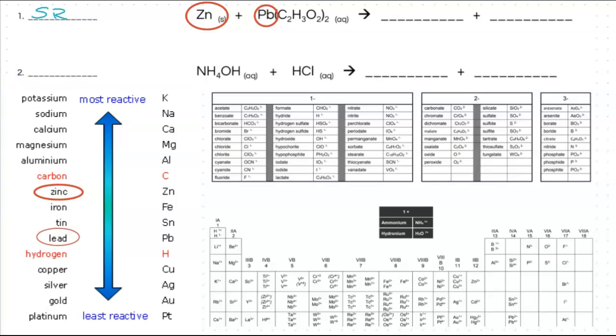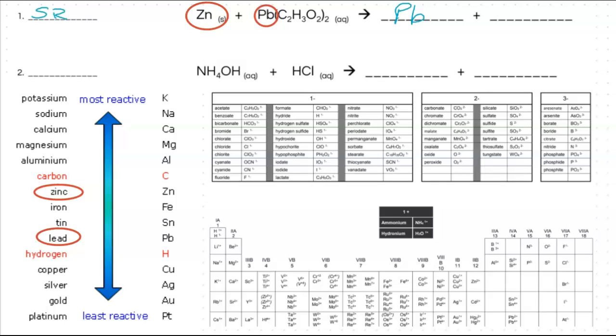Zinc is higher, which means it is more reactive, so it will replace lead. Lead is lower and less reactive, so it winds up alone. Always write the element that winds up alone by itself first. So there's my lead. I don't need a charge because it's going to be all by itself.